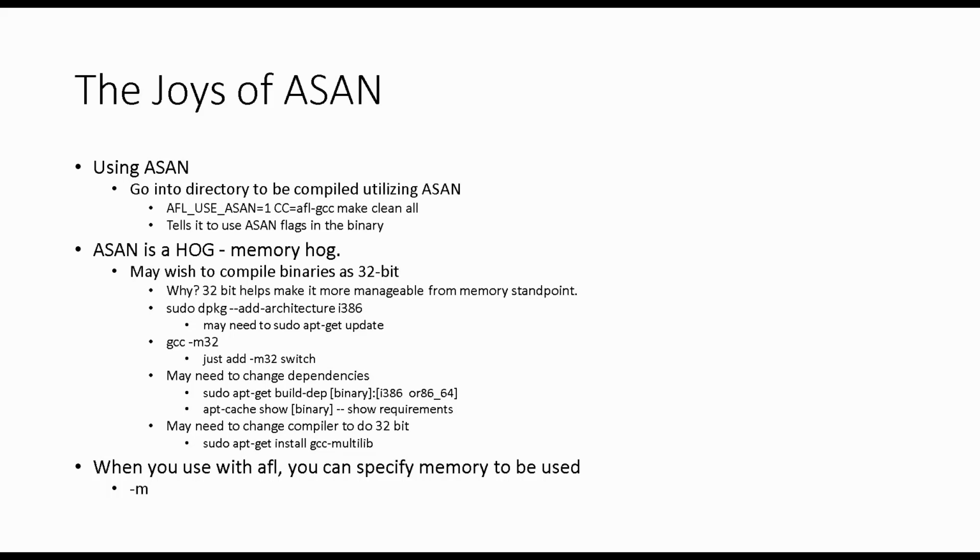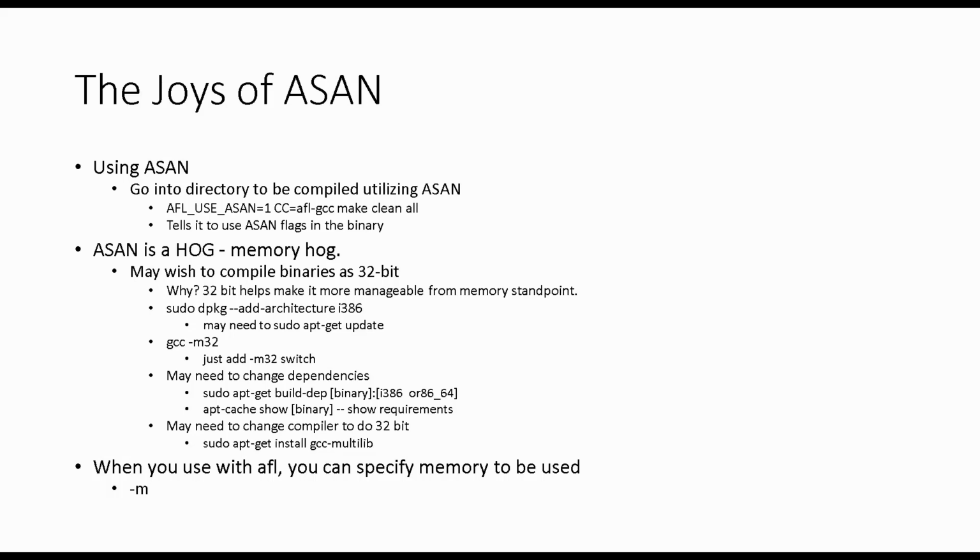So we would want to recompile our target binary as 32-bit so we don't run into memory issues, and here are some commands to figure out how to do this exactly. We may need to add the i386 architecture, 32-bit. When we do our GCC, we'll need to use the -m32 switch to compile it as 32-bit. We may need to change the dependencies when we compile that. It may need different dependencies.